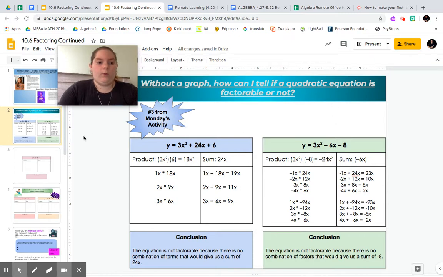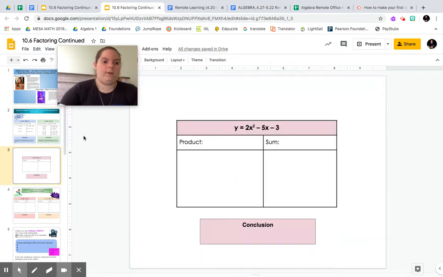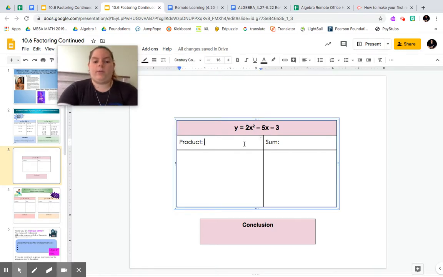Let's try one more together, and then we're going to jump into today's activity. All right, so y equals 2x squared minus 5x minus 3. Our product here, we know, is going to be 2x squared times negative 3, which is going to equal negative 6x squared.